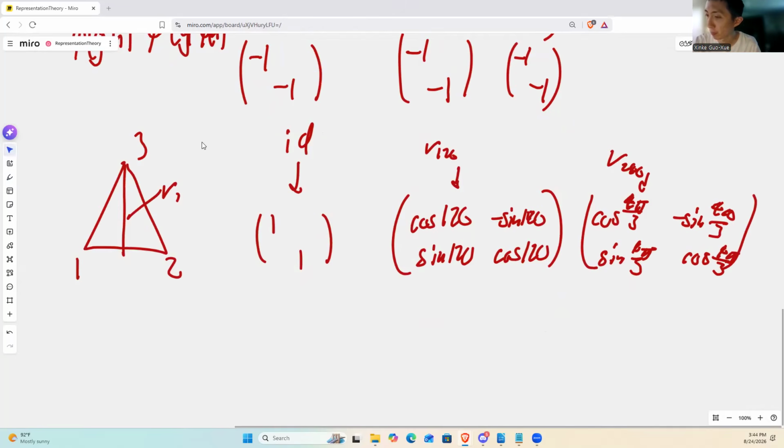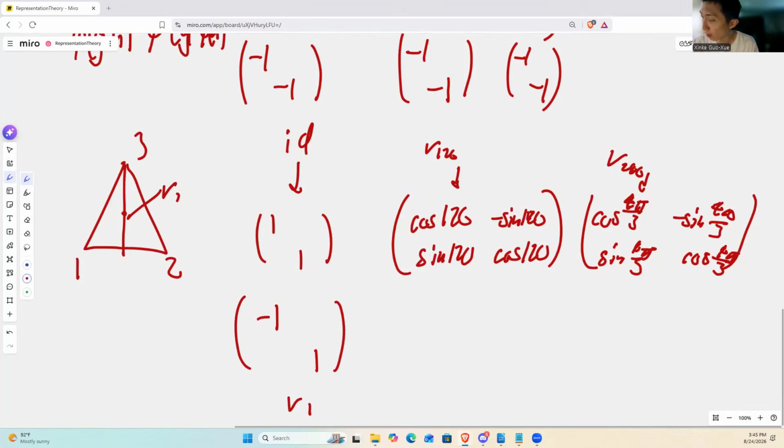Then this, like 1 and 2 swap. So let's see, what would this be? So if this is centered at the origin, like the x changes signs and the y stays the same.